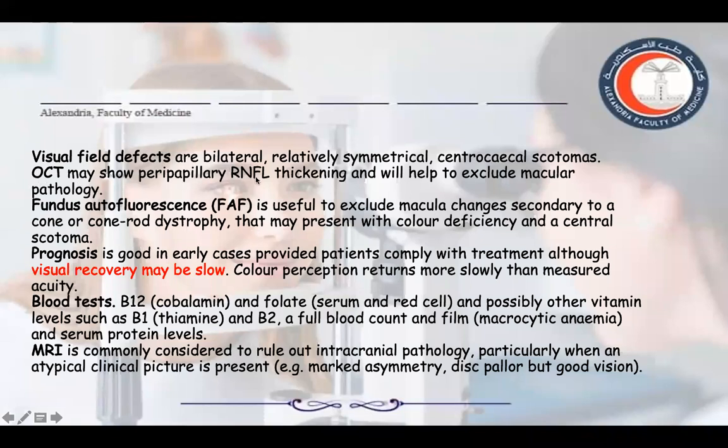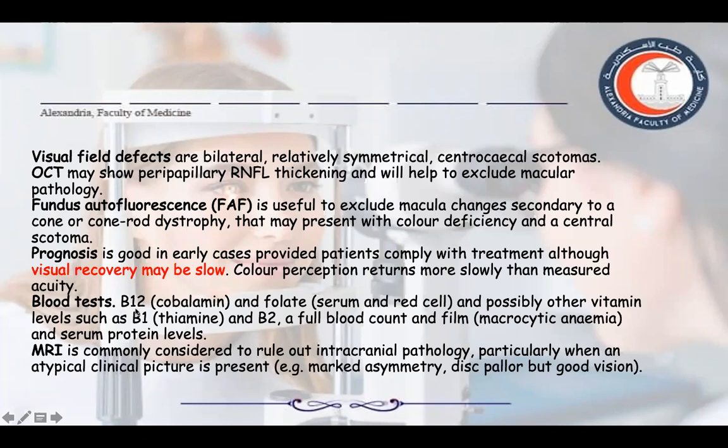OCT might show peripapillary retinal nerve fiber layer thickening. Fundus autofluorescence helps differentiate nutritional toxic neuropathy from other macular diseases and rod-cone dystrophy. Prognosis is good, fortunately, provided that the patients receive the proper treatment, although, as I put in red, visual recovery may be slow.